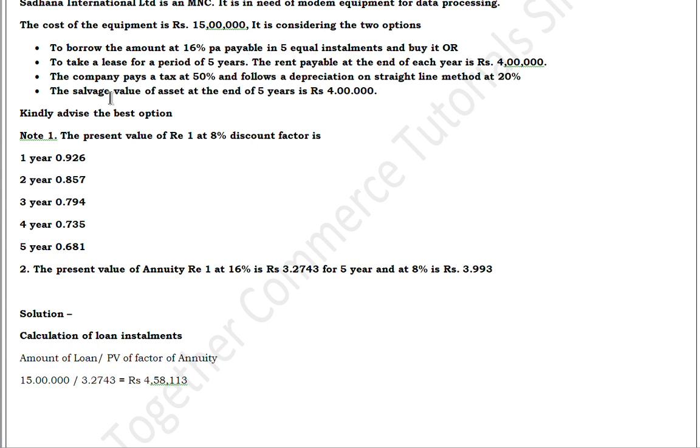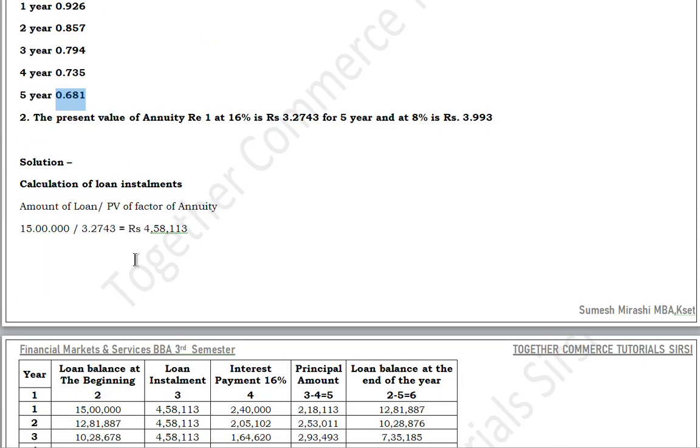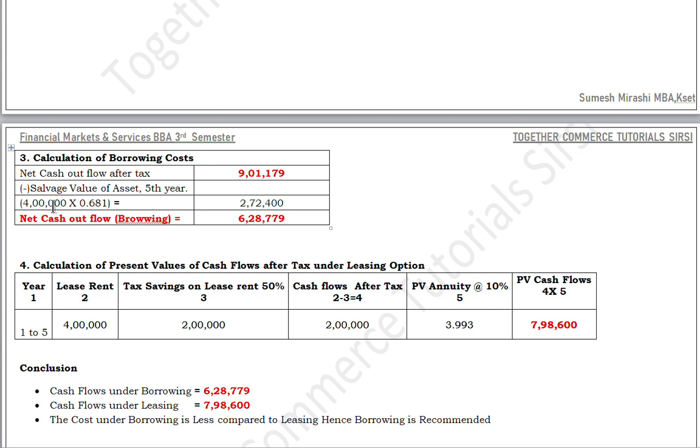It's here, the salvage value of the asset at the end of the fifth year. For the fifth year it is 4 lakh, and the PV value for the fifth year is 0.681. If you multiply those two values, you will get 2 lakh 72,400. If you subtract these two, you will get the net cash outflow of borrowing, that is 6,28,779.